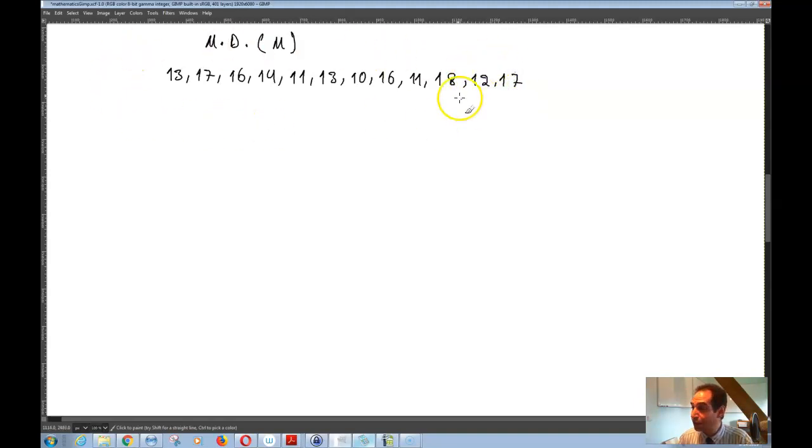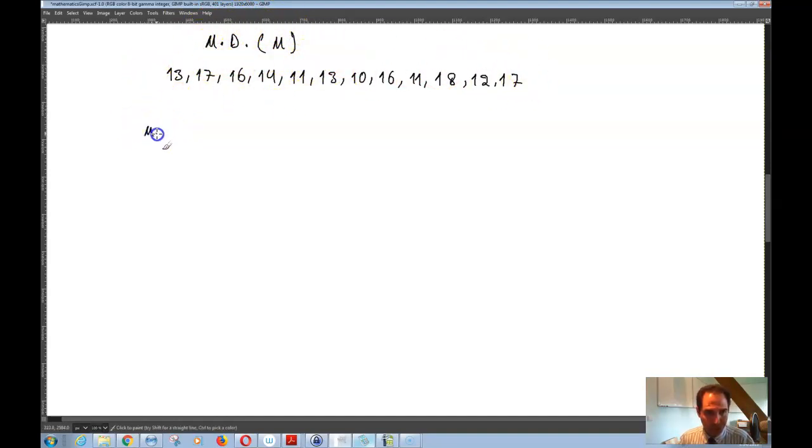This is the data that you have. So you want to find the mean deviation about the median for this data.